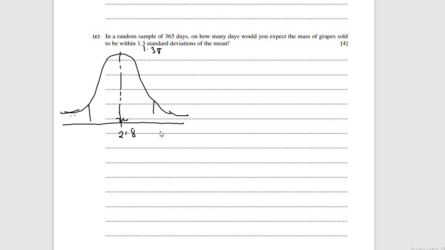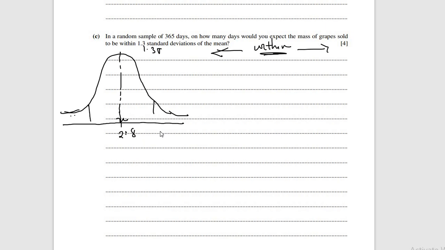They said, how many days would you expect the mass of the grapes sold to be within 1.3 standard deviations of the mean? Within the mean can be toward the right or toward the left.